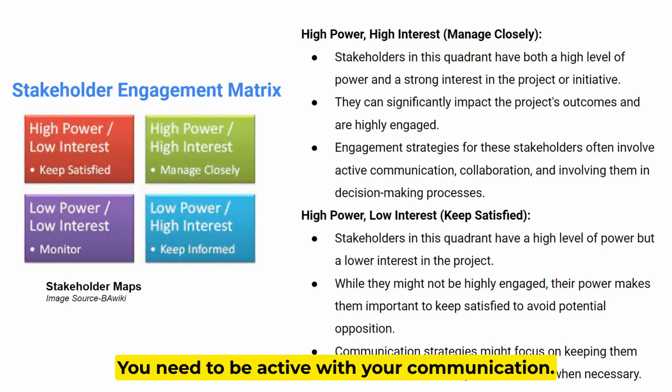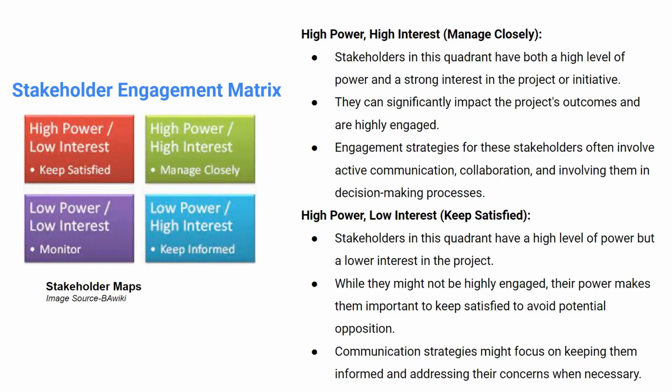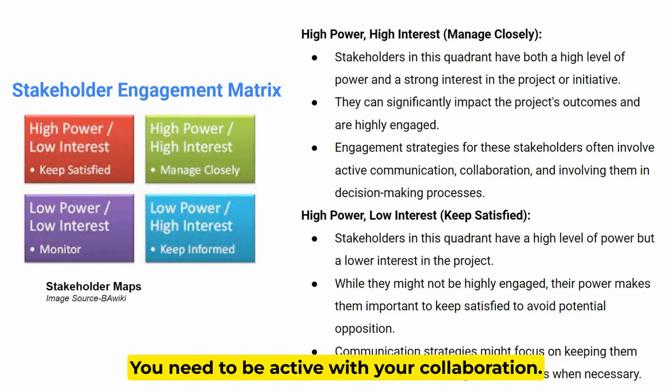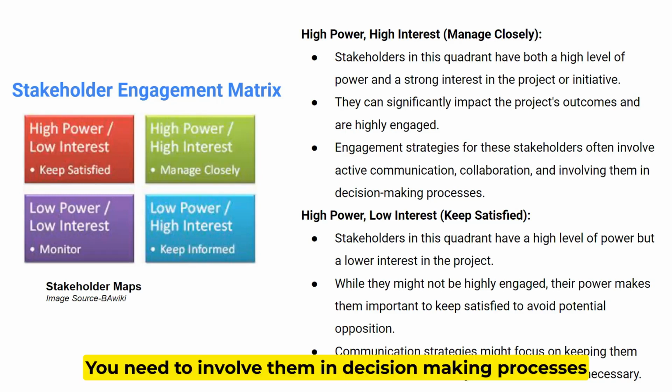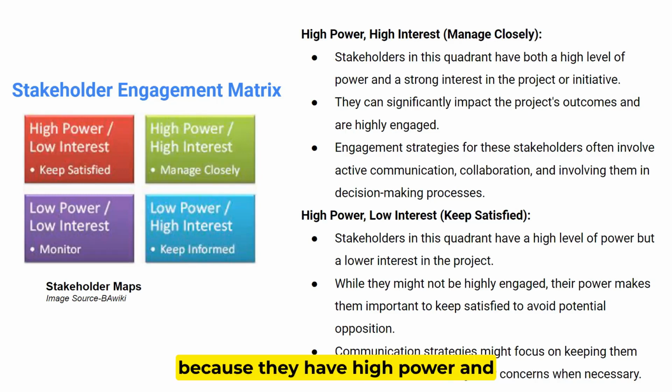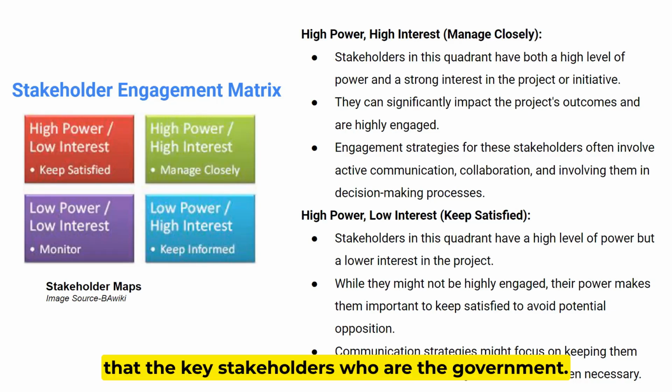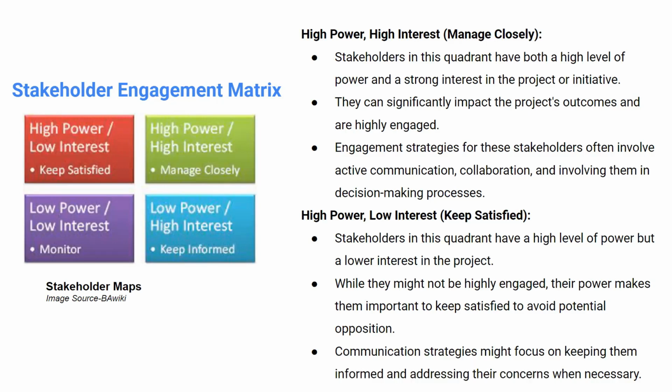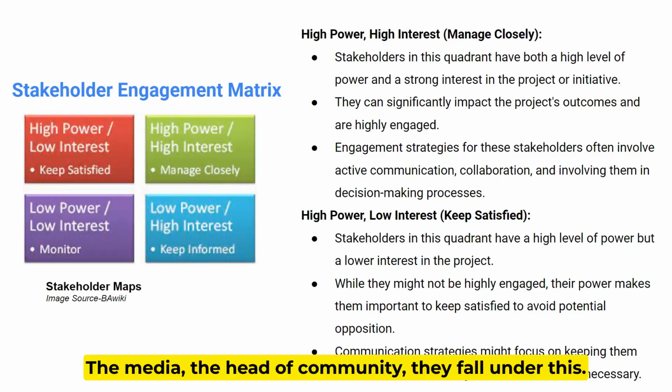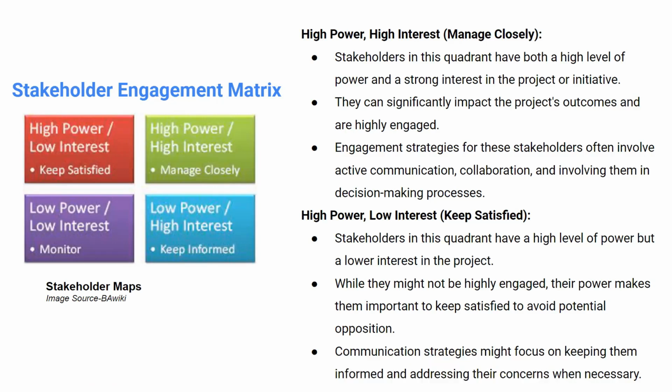You need to be active with your communication. You need to be active with your collaboration. You need to involve them in decision-making processes because they have high power and high interest. Remember that I've mentioned an example that the key stakeholders, who are the government, the media, the head of community, they fall under this category.